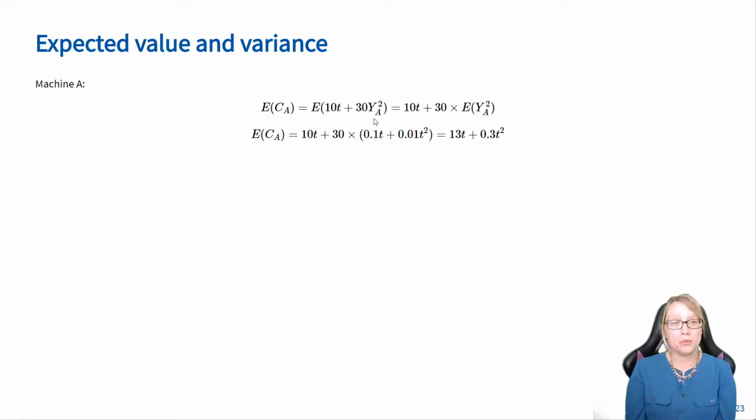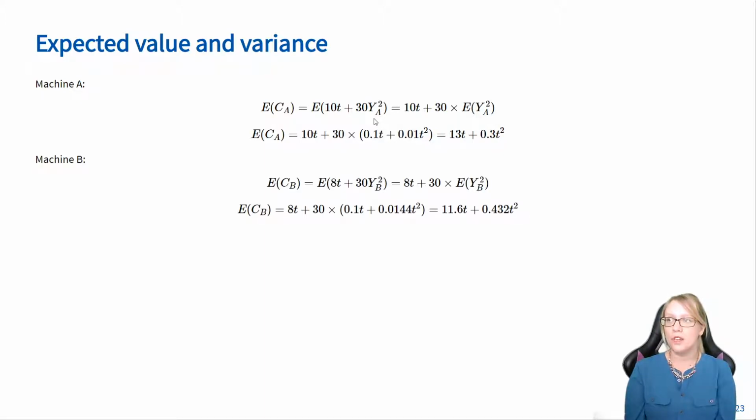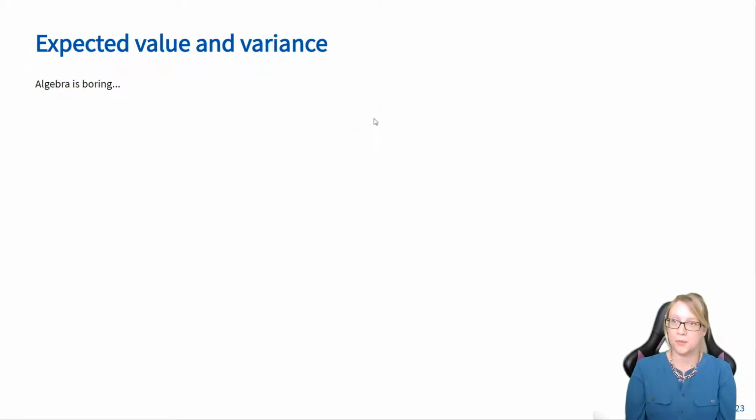After a little bit of algebra, we get the expected cost for machine A to be 13t plus 0.3t squared. Same line of thinking for machine B. The expected value of the cost is 8t plus 30 times the expected value of y squared. So we end up with 11.6 times t plus 0.432 times t squared.